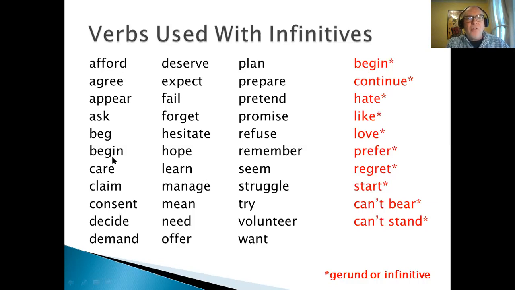So these words are usually simple present or simple past, maybe sometimes present continuous, but the action of the future action is infinitive. So for example, promise. I promise to be on time tomorrow, right? I don't say I will promise, I just say I promise. I promise to be on time tomorrow.